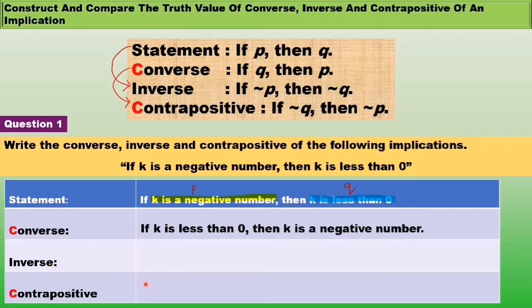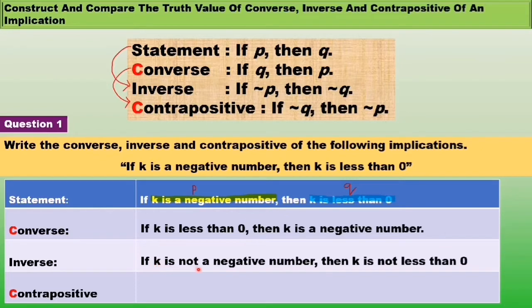Inverse, just now I mentioned already, you follow the statement. Only the P you put not P, Q you put not Q. So the inverse is, if K is not a negative number, then K is not less than 0. For contrapositive, I purposely put red color for C. So you refer to converse.